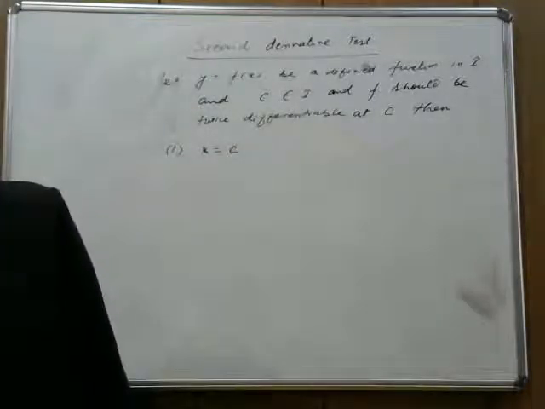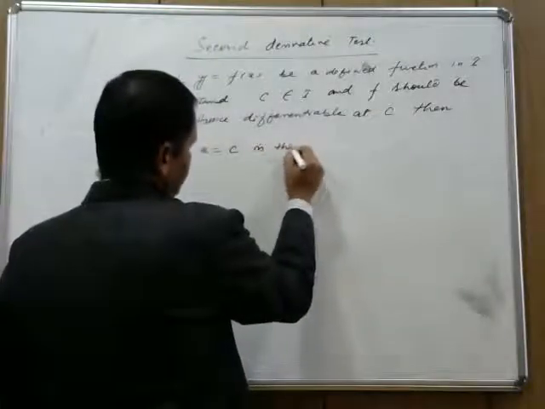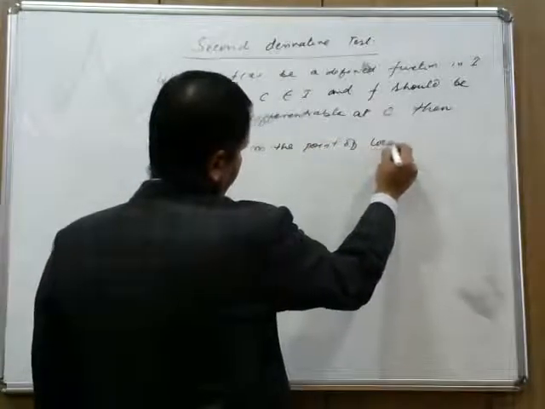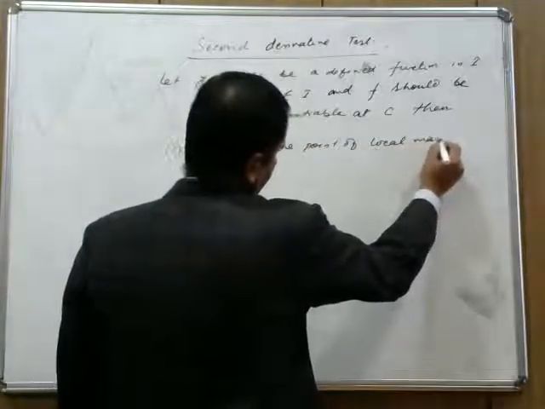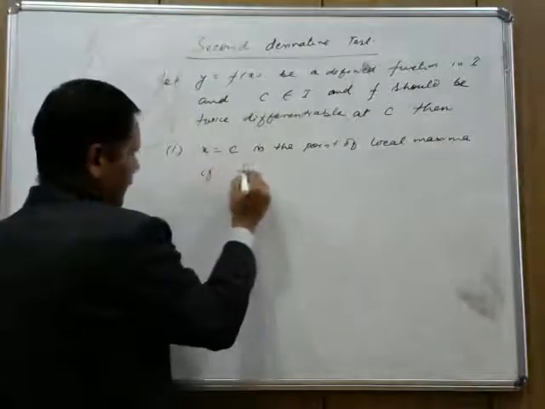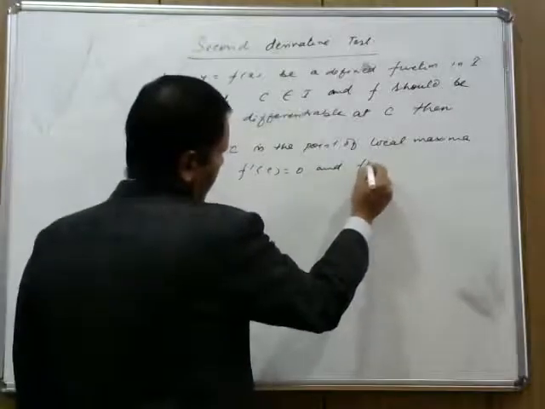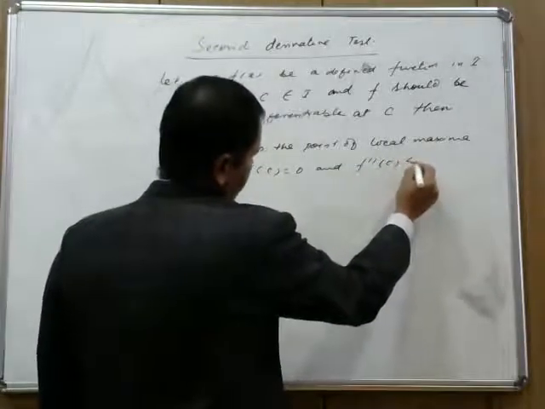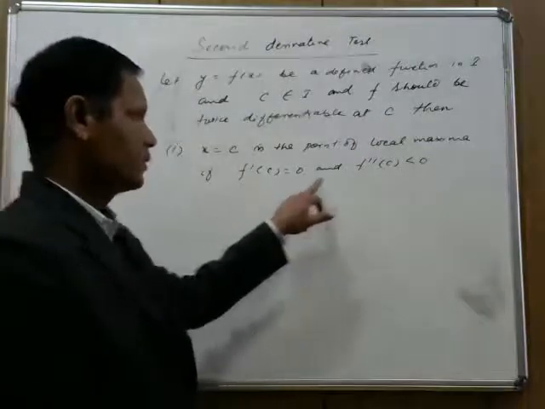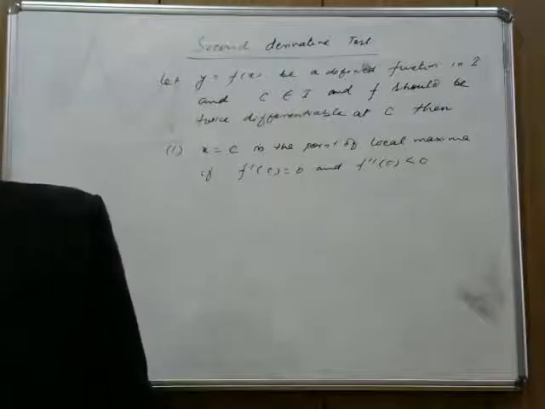x is equal to c is the point of local maxima if f dash of c equal to 0 and f double dash of c is less than 0.